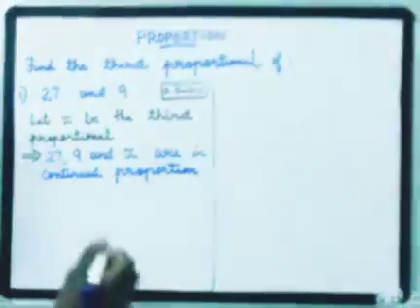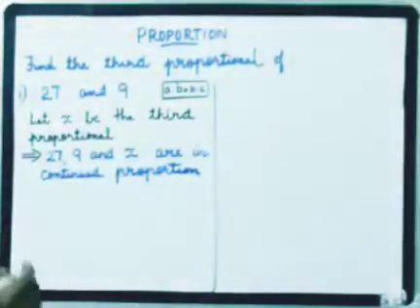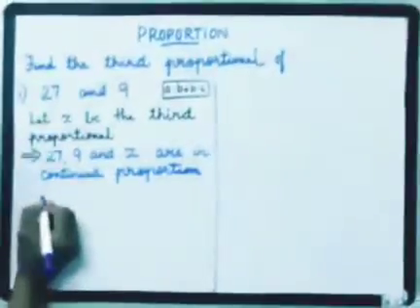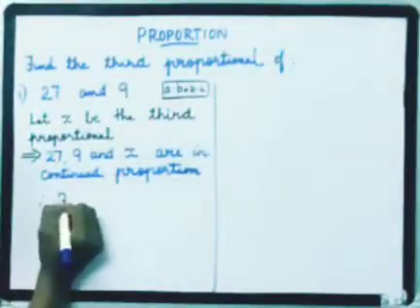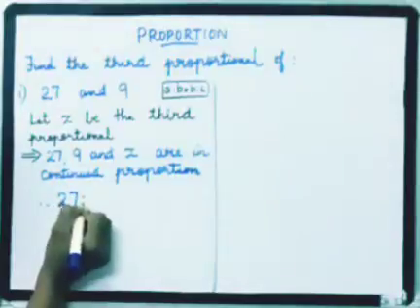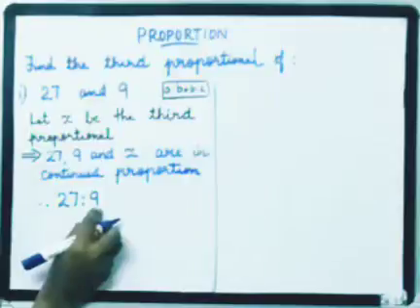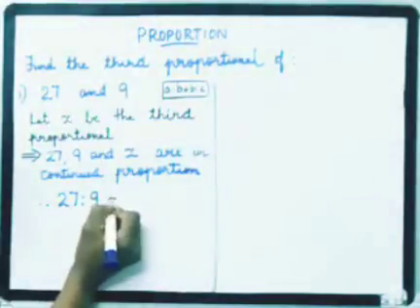Then how can you write this in this form? a is to b is equal to b is to c. We can write it as 27 is to 9. Here 27 is the first quantity, 9 is the second quantity. Then put equal to sign.